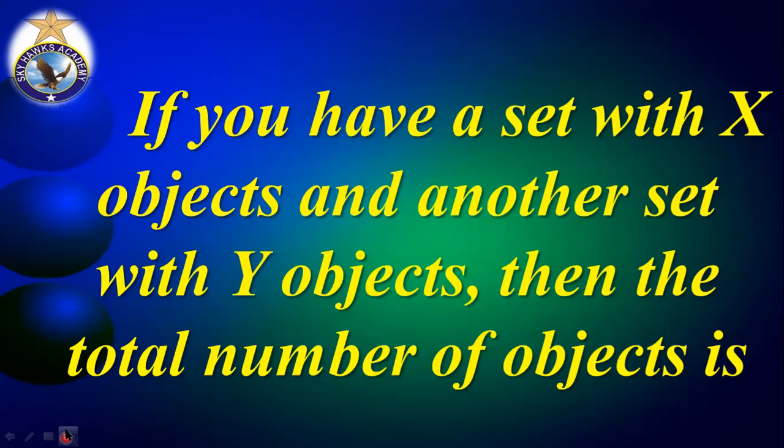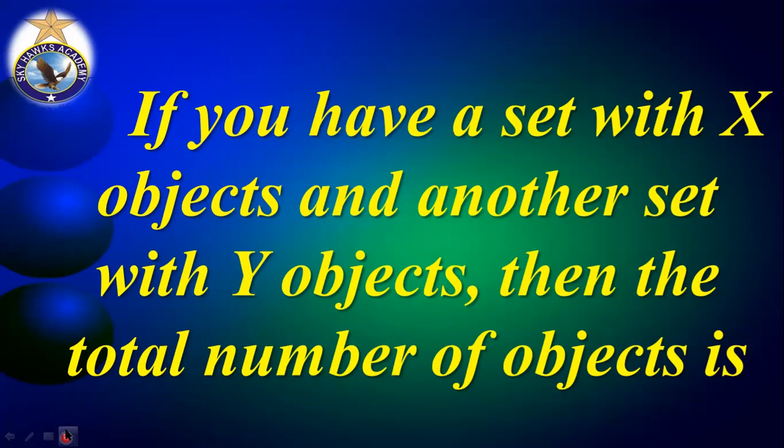What is the definition of a set? A set is a collection of distinct objects. Distinct means that when you have the elements of a set, there must not be any repetition.